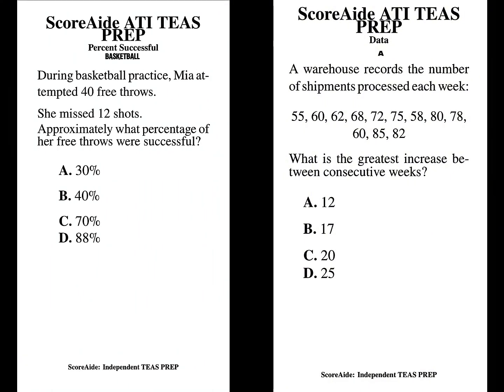During basketball practice, Mia attempted 40 free throws. She missed 12 shots. Approximately what percentage of her free throws were successful? Right? Now, let's look for the number of free throws.